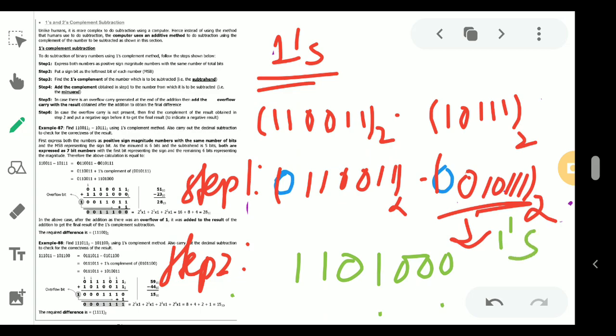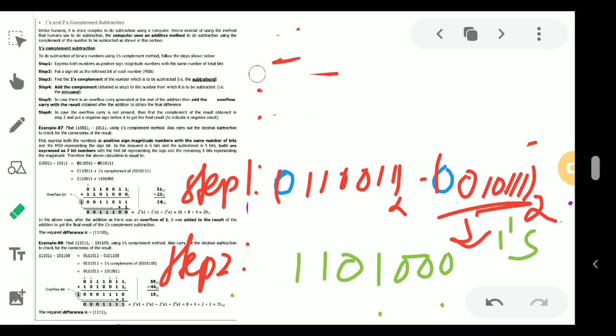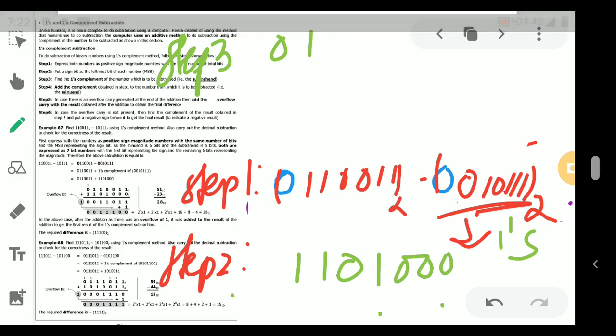After getting the one's complement of the second number, we have to add it to the first number. So now let's add it to the first number. This is step 3. The first number is 0 1 1 0 0 1 1.